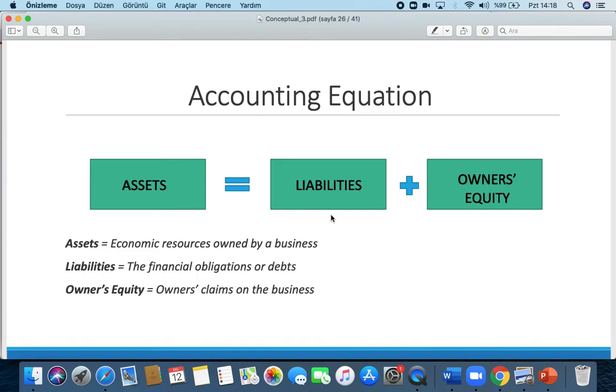Maybe these three items will be impacted by an economic transaction: assets, liabilities, and owner's equity. But with this very simple loan example, only assets and liabilities will be affected. At the end of the day, the accounting equation will show the balance where the assets are 10,000 and the liabilities are 10,000. Okay?